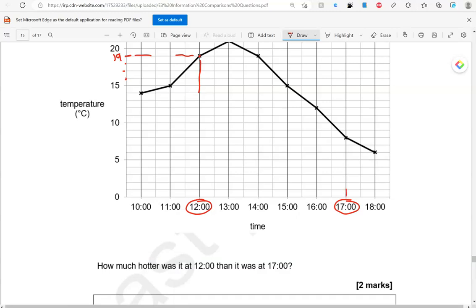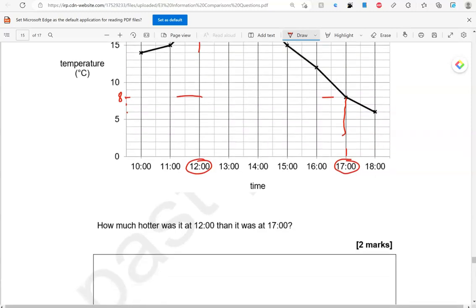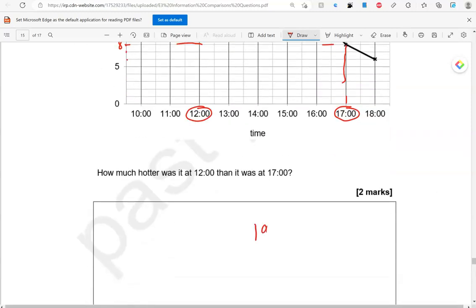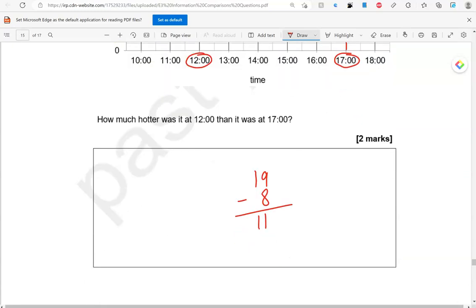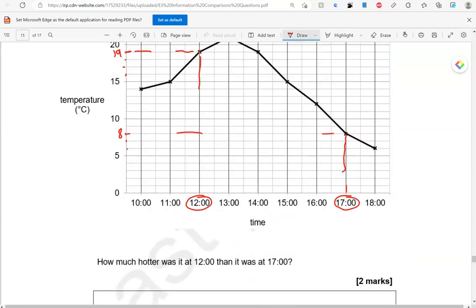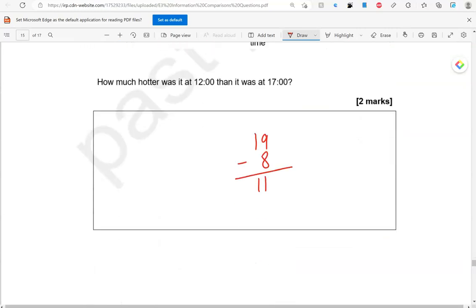And at 17, that is between 5 and 10, so 6, 7, 8. It goes up in ones. So 19, take away 8, gives us 11. So that was 11 degrees Celsius.